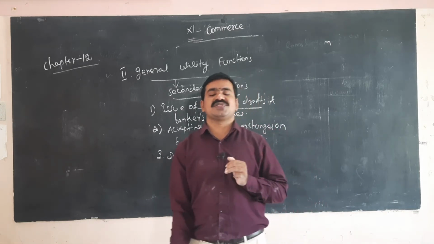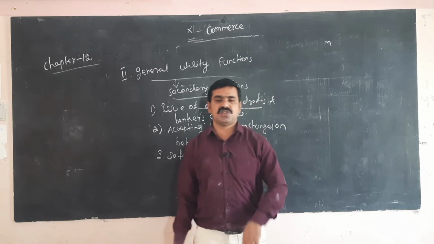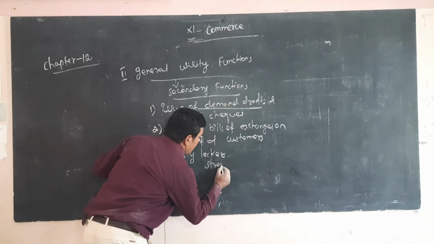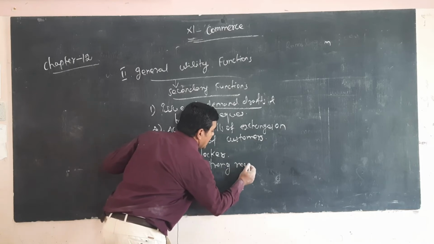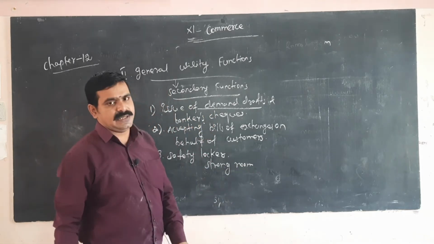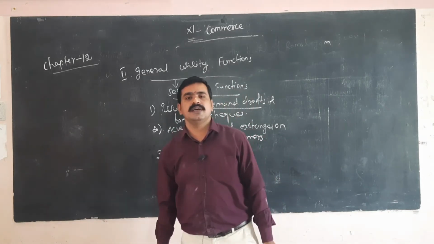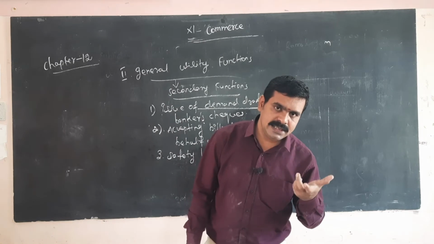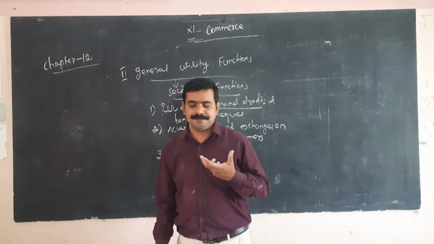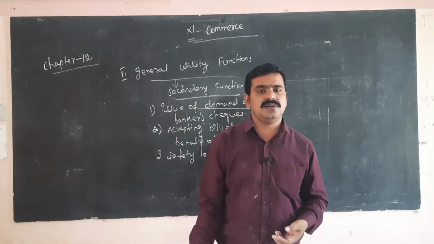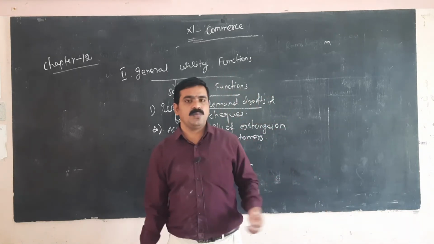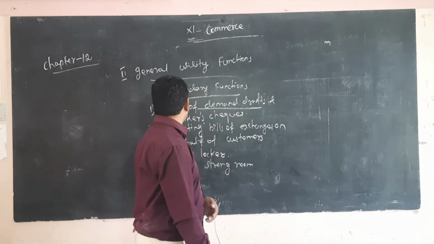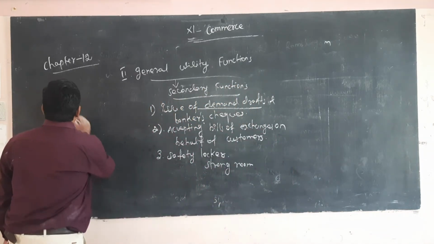This vault room is called the strong room. Nobody can enter; only the bankers enter that room. Important documents, files and jewels can be kept safely in the vault provided by the bank. Next one, letters of credit.